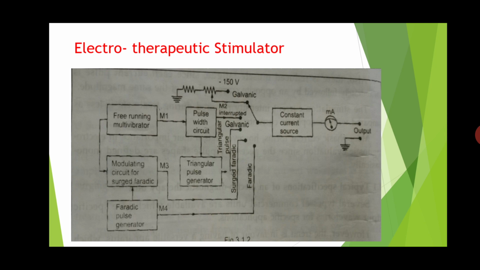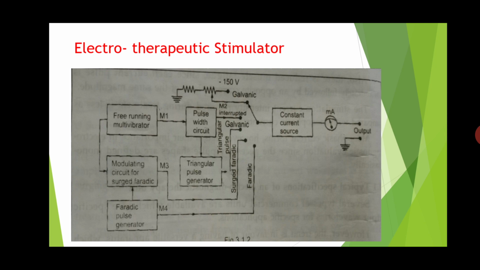This technique is used for the treatment of paralysis with totally or partially degenerated muscles, for the treatment of pain, muscular spasm, and peripheral circulatory disturbances. In this electrotherapy process, different types of waveforms are used.